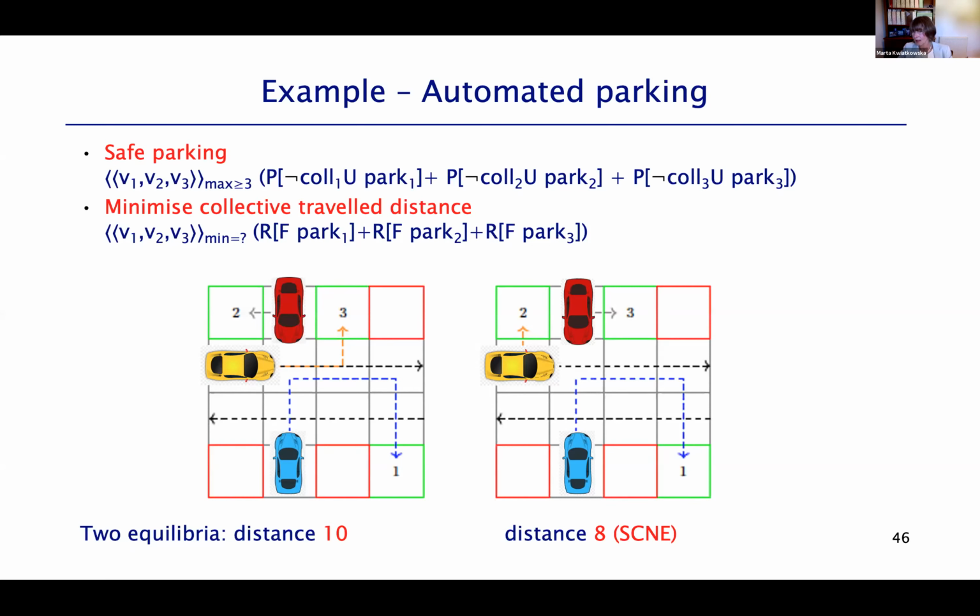The red squares are taken, the green squares are free. How do we coordinate the behavior of these autonomous cars so that they park, but perhaps in this case also minimizing collective traveled distance, and that they park safely? Safely means they avoid collisions. Of course, if 2 cars are in the same square, then a collision will happen.